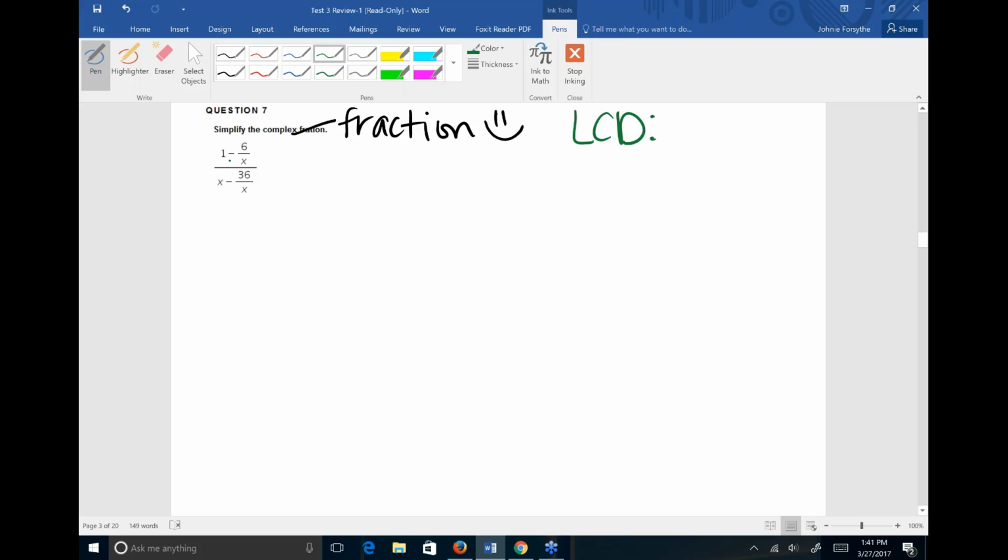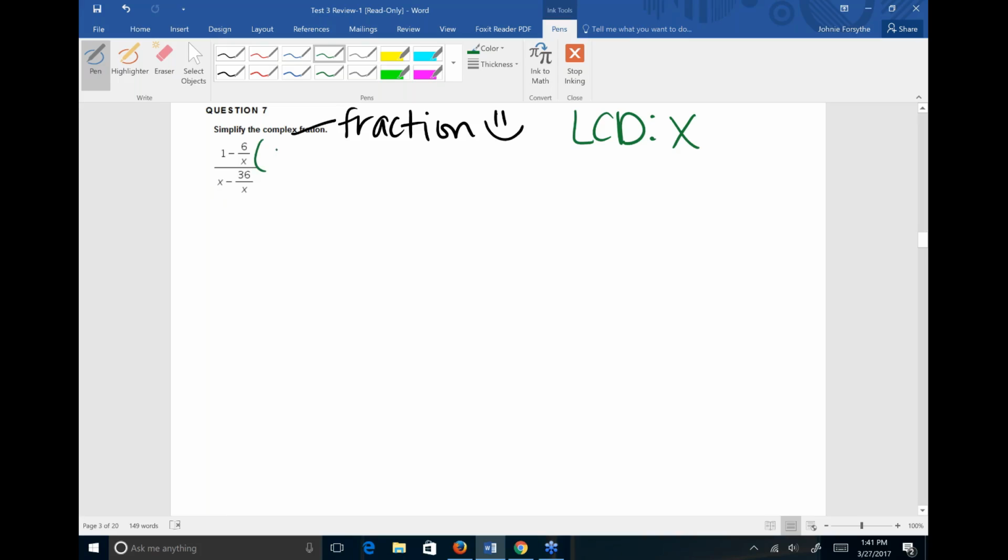The numerator here, we have a 1 minus 6 over x. So the denominator for the 1 is just 1, and then we have a denominator of x. So right now we need to definitely include x in our least common denominator. And if we look at the denominator here, we have x minus 36 over x. The denominator at the bottom is just x. So our LCD is simply x.